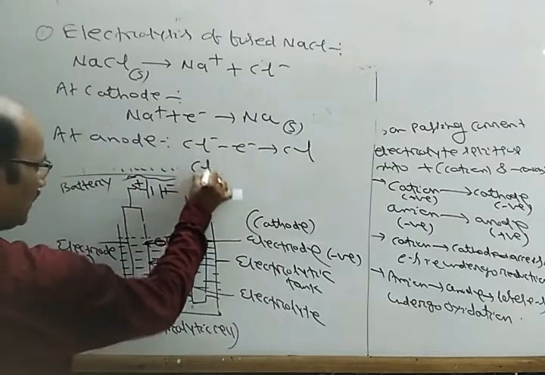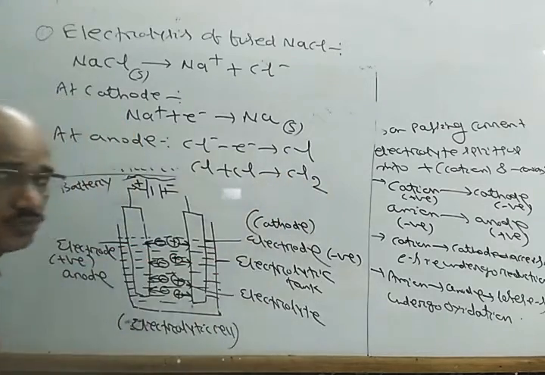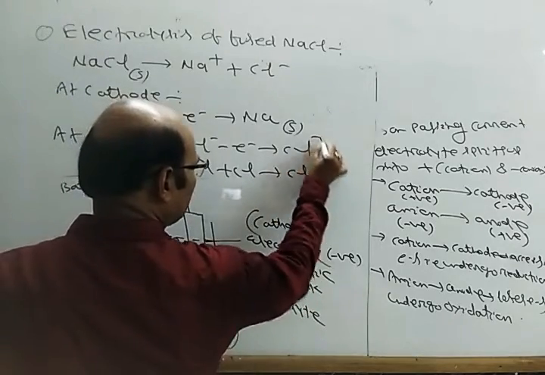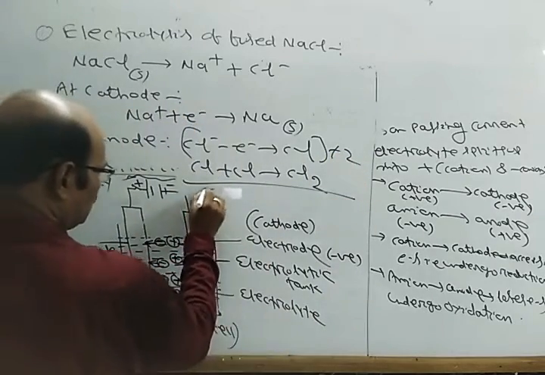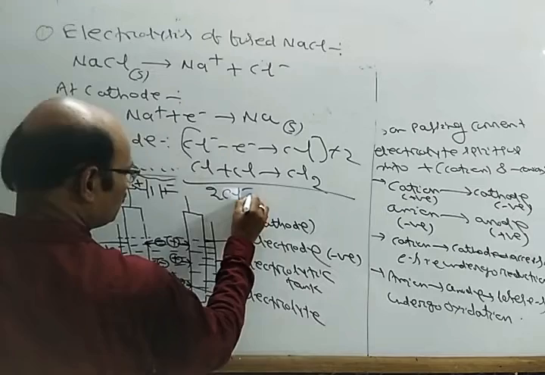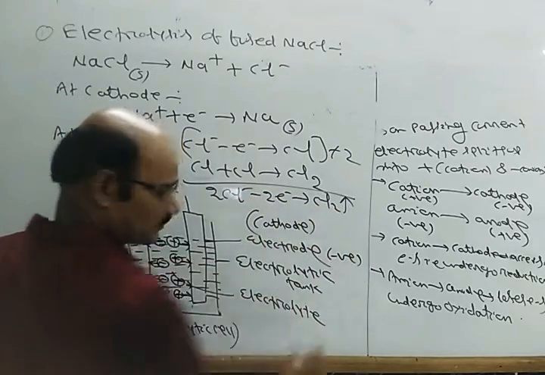Now Cl plus Cl gives Cl2. Together, 2 Cl minus minus 2 electrons gives Cl2.